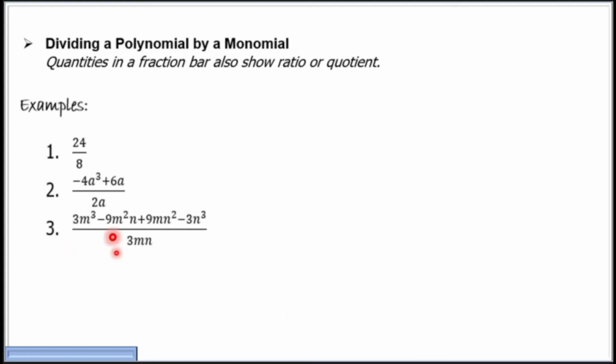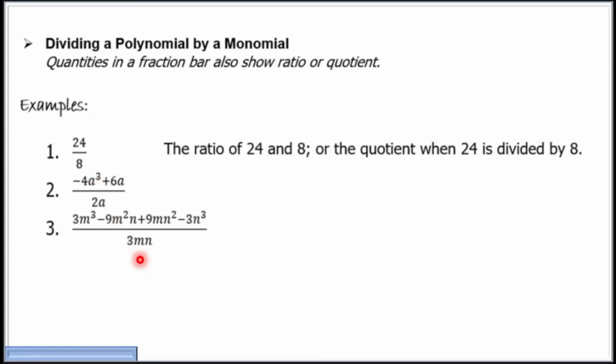Number 1, 2, and 3. Number 1, 24 over 8, which can also be read as the ratio of 24 and 8, or the quotient when 24 is divided by 8. Remember, the denominator is the divisor.